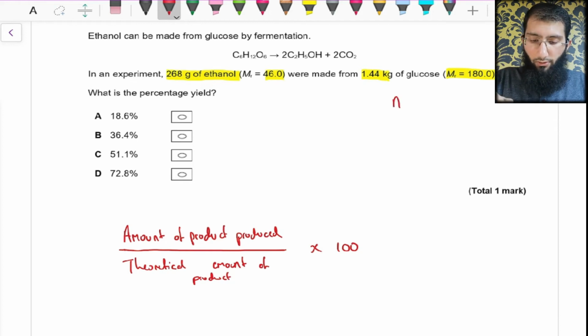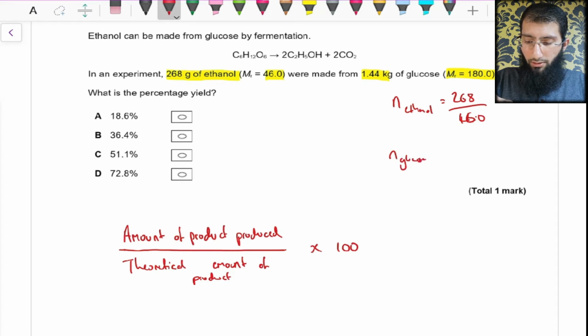So n of ethanol is simply going to be 268 over the MR, which has been kindly given to us as 46.0, and we're going to work out the moles of glucose, C6H12O6.